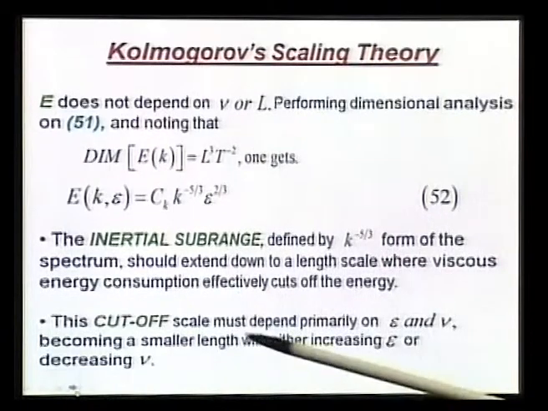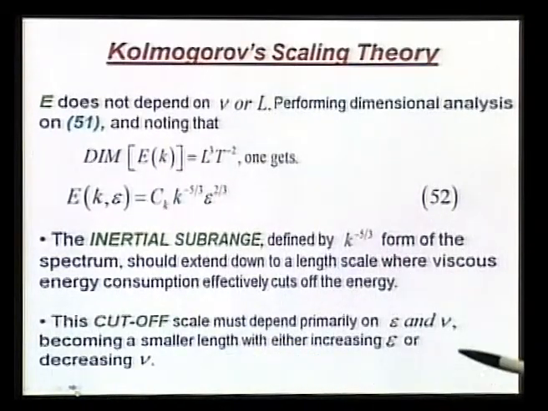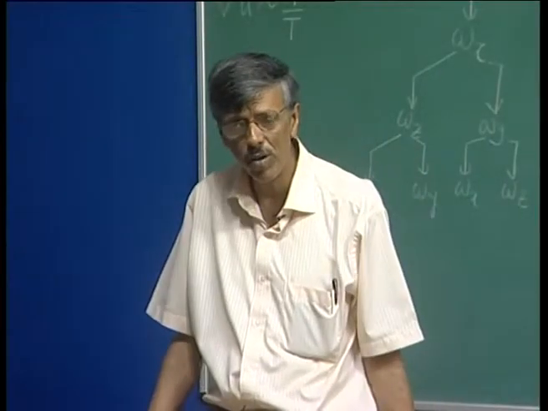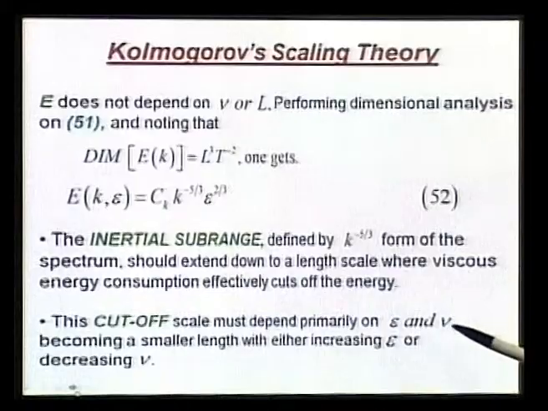So, there is a cutoff scale. What it will depend upon is the rate at which the energy is supplied, that is also the rate at which it is dissipated, and also it should depend on the property of the flow, and what better quantity than the kinematic viscosity itself. So, this cutoff scale must depend on epsilon and nu.